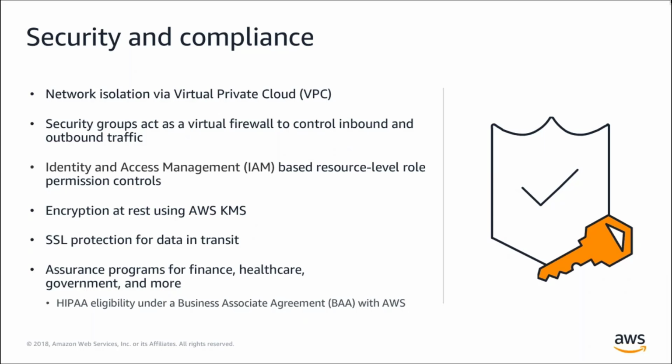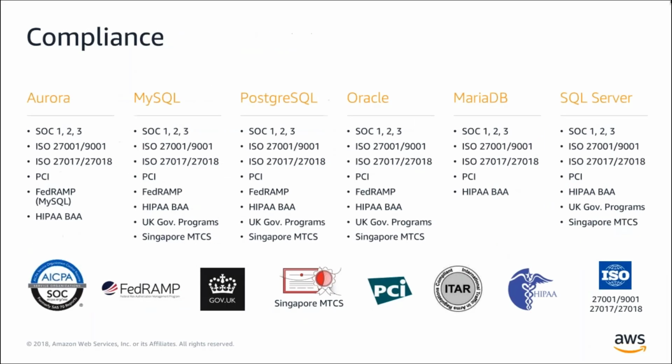We also support a lot of compliance programs. Moving on to that, we support most of the common compliance programs out there, and the compliance reports are available on AWS.